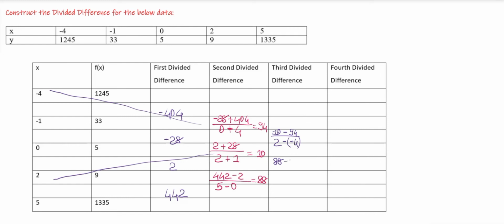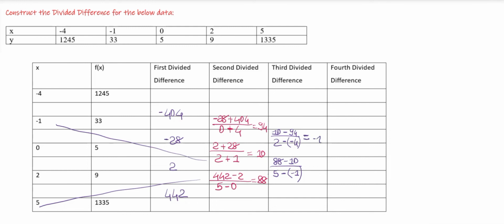Then the next one is 88 minus 10 divided by, for 88 we have the cross value 5, and for 10 we are having the cross value as minus 1. So the denominator will be 5 minus minus 1. Here also we'll calculate this, which comes out to be minus 14, and this comes as 13.